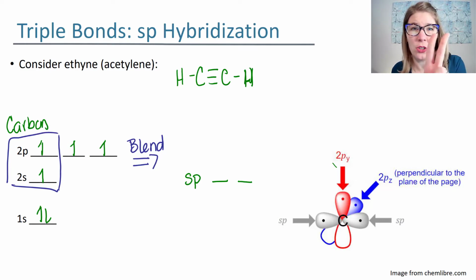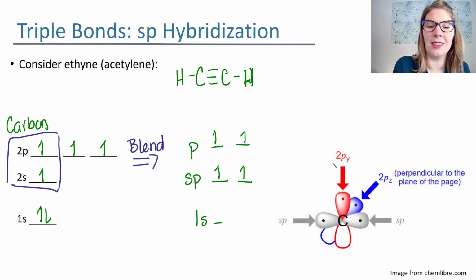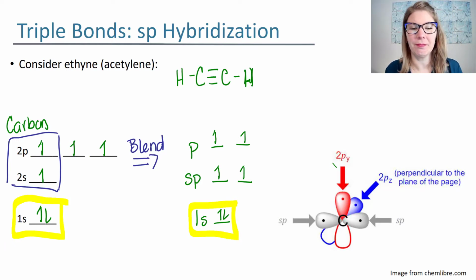Because we put in two orbitals, you get out two orbitals. And then we have two unhybridized p orbitals. And remember the 1s, right? This one doesn't matter. This is a core electron. It didn't get used. It's not used in bonding.